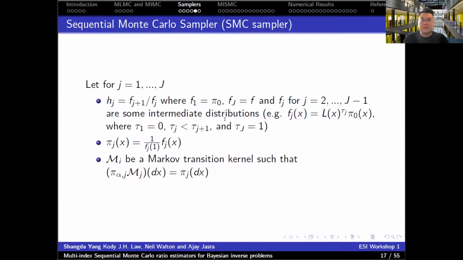As tau_j increases to 1, we get close to the target distribution, f capital J. Here pi_j is the intermediate distribution, and this is the Markov chain kernel.